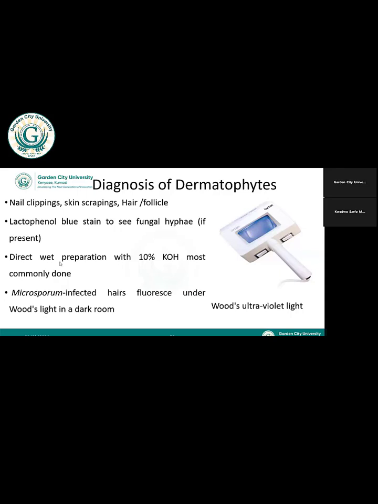You can also prepare a direct mount with 10% potassium hydroxide and observe under the microscope. You can also use UV light for detection of Microsporum infections using the Wood's light. So there's a typical example of the Wood's light. You turn it on and the UV light will fluoresce when Microsporum is present in the sample.